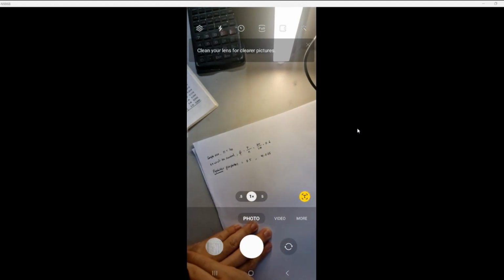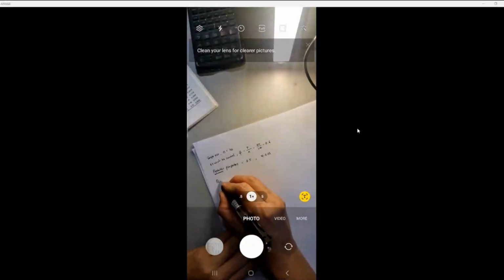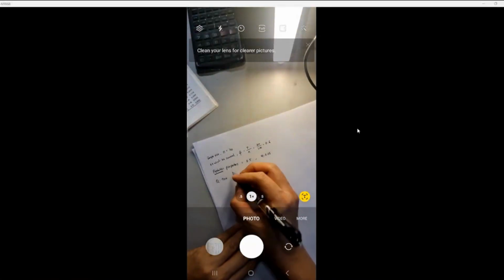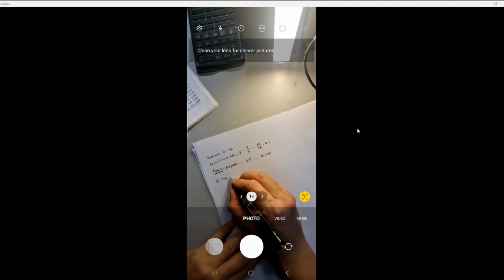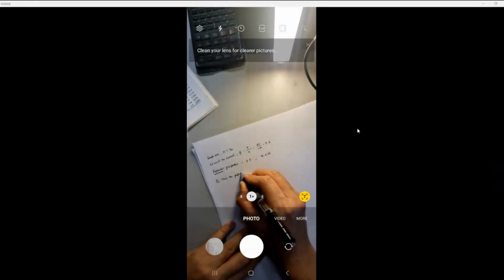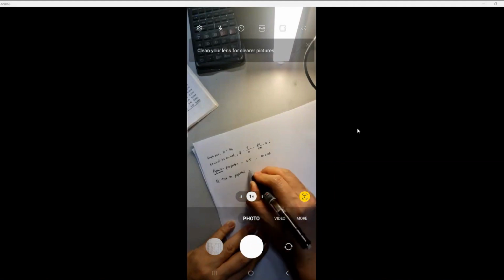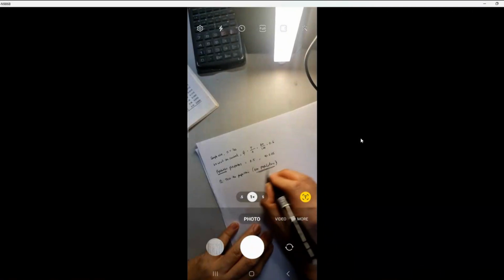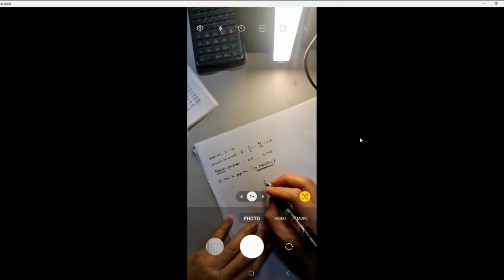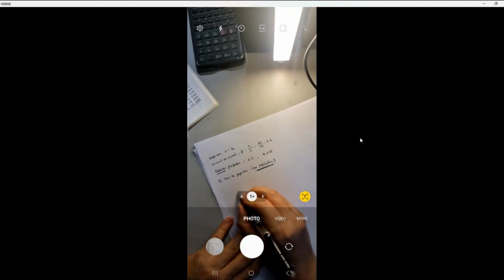Okay, so the question is to test the proportion. So how many samples are there? One population, so we'll be using the one population formula. First of all, we need to figure out the hypothesis.